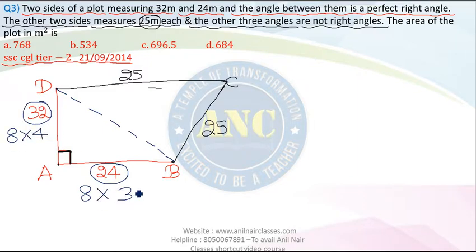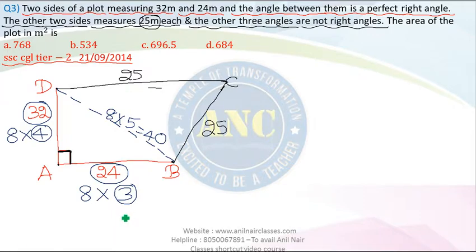Pythagorean triplets say 3, 4, 5, but 3 is multiplied by 8, 4 is also multiplied by 8, so 5 should also be multiplied by 8. That means BD value is 40. I hope I am making sense. The entire area is what they are asking in the question.